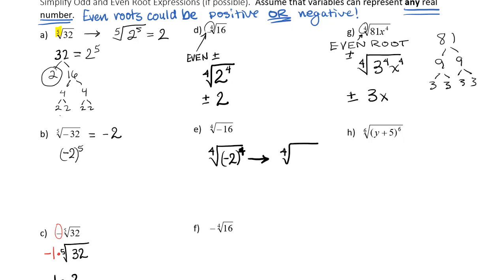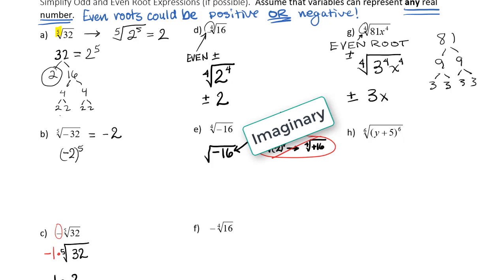So this can't be an option. Because it's an even root, we also know that we'll have plus or minus. There'll be plus or minus expressions as possible simplified expressions.